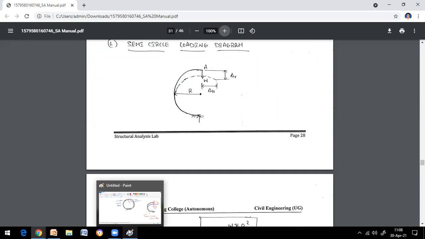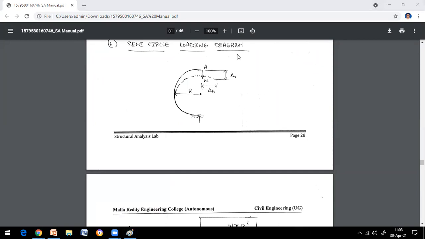Straight beams have only vertical displacement, but for the curved beams you will have both vertical displacement and horizontal displacement. Okay, why? Because the beam is curved in nature. There is a possibility of displacements in both x and y directions. Understand? That is how the displacements are going to be calculated.